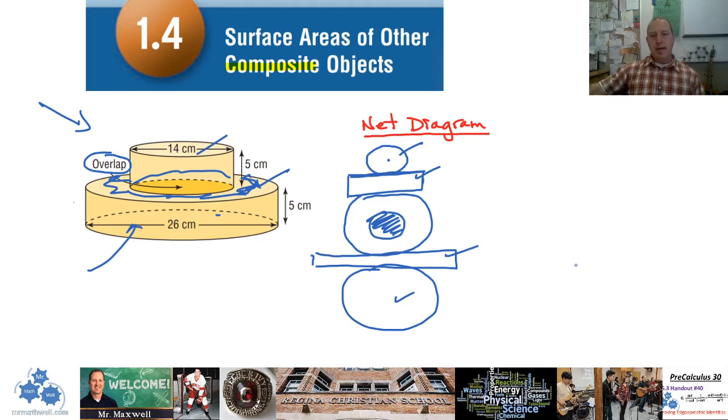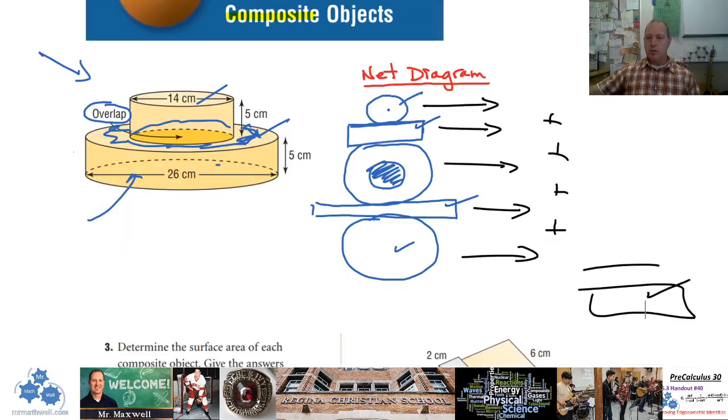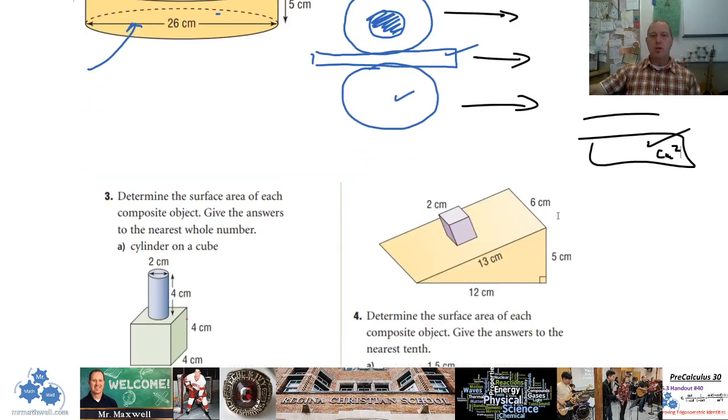That would be your net, and I would strongly suggest calculating the area of each one of these pieces that you've drawn here, and then adding them all up together. There's your final answer. Boom, done. Make sure you put your units squared, so this would have to be centimeters squared at the end. Surface area, remember, area, squared units.